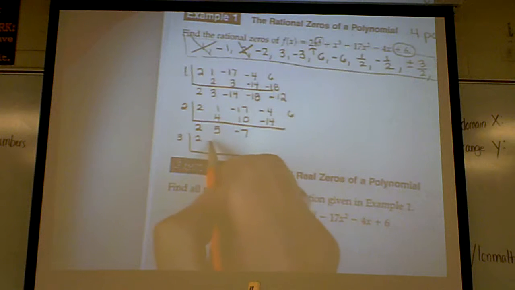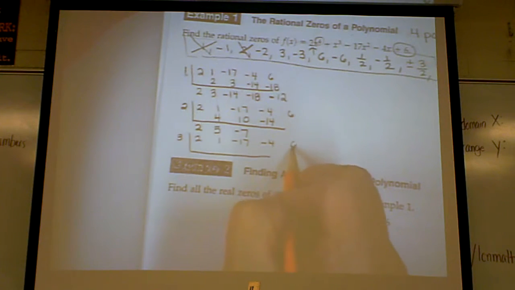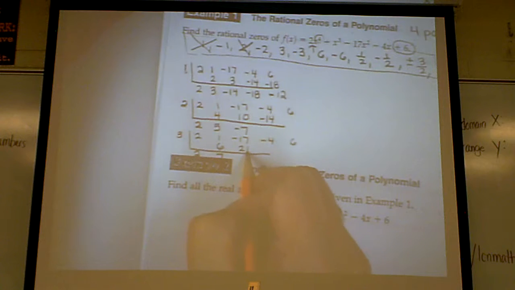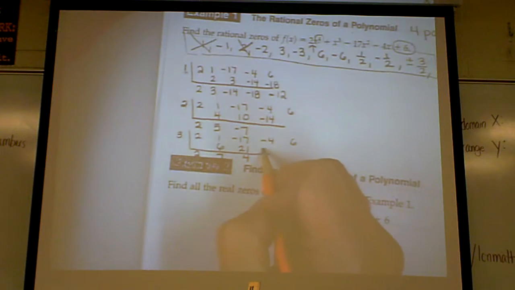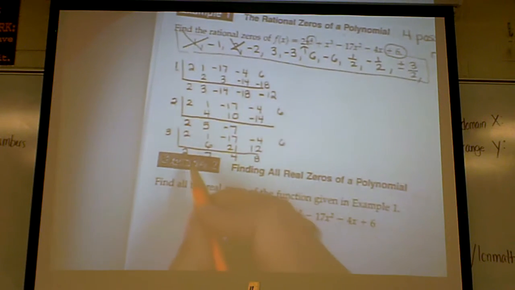So we have 2, 1, negative 17, negative 4, and 6. Bring down the 2. 3 times 2 is 6, add. 21, 4, what's happening here? Too big. So 3 doesn't work. But look at this.